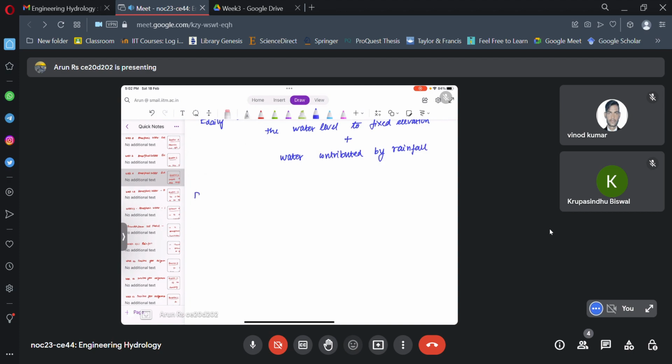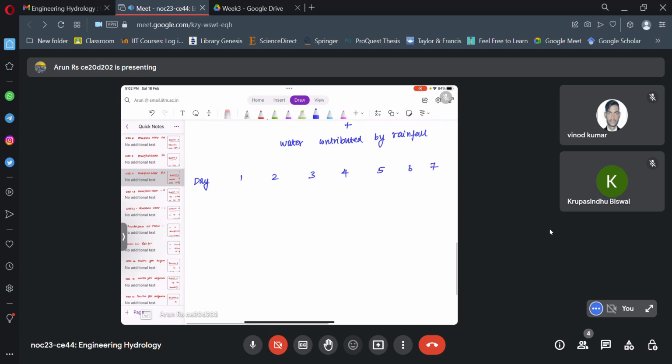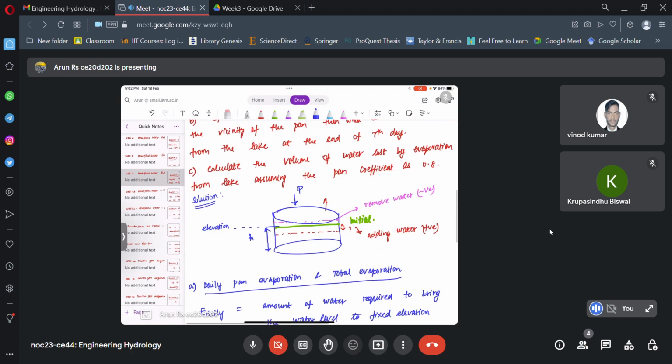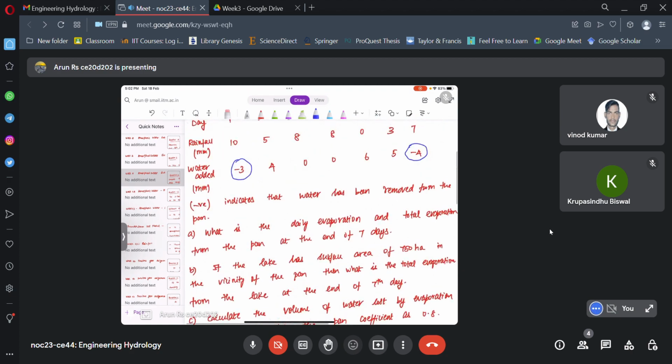So this is day 1, 2, 3, 5, 6 and 7. You just have to add these two quantities. If you add these two, this is the amount of water that is added to bring the water to the fixed stage.